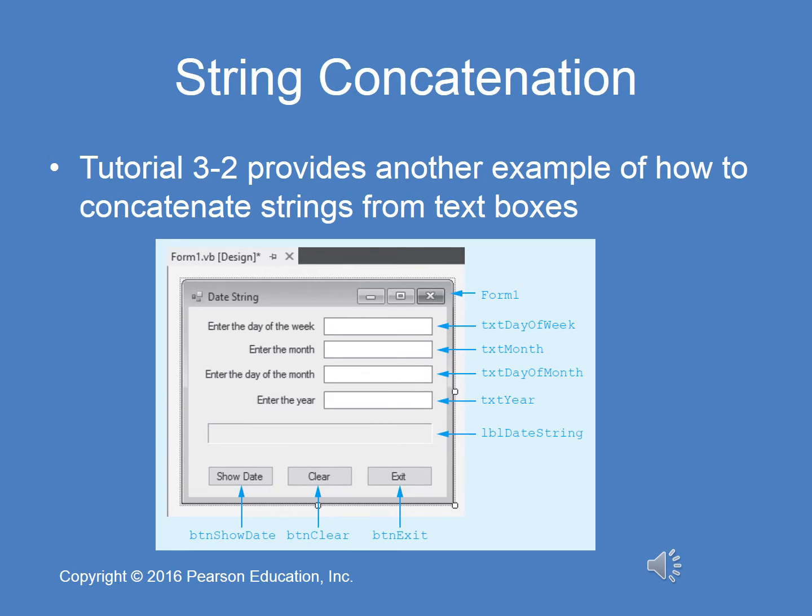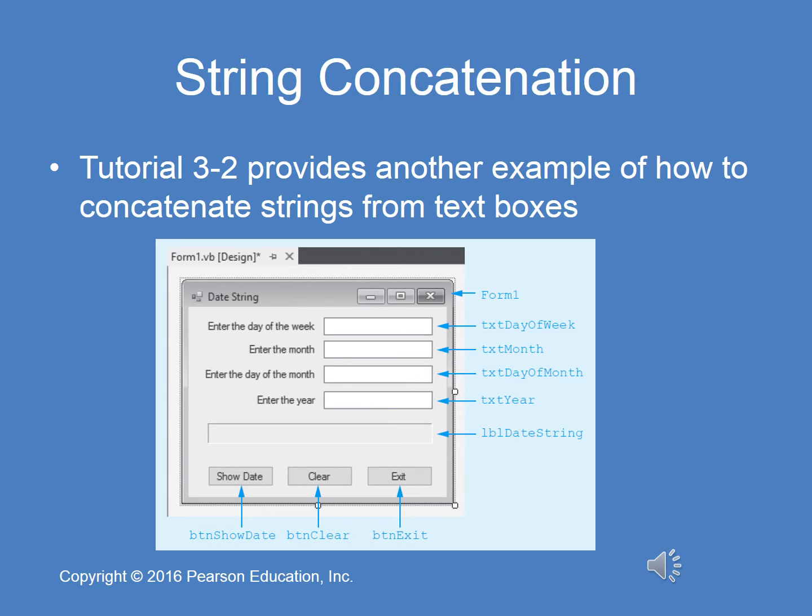Tutorial 3-2 shows how we can concatenate strings from multiple text boxes. This particular tutorial is great, and I've posted a short video. You can take a look at it. So we enter the day of the week, the month, the day of the month, and the year into 4 different controls. And those strings are stored in the text property.